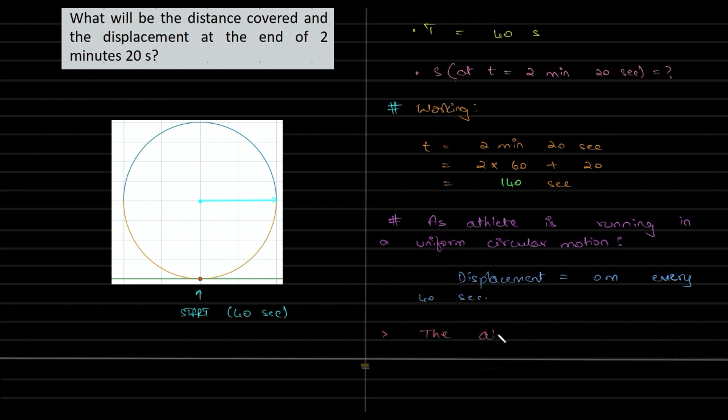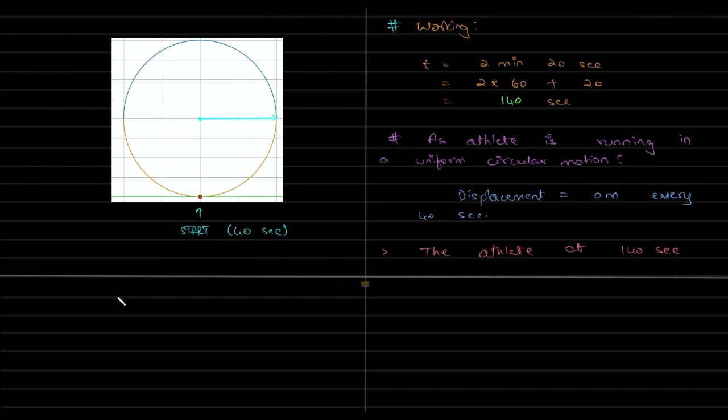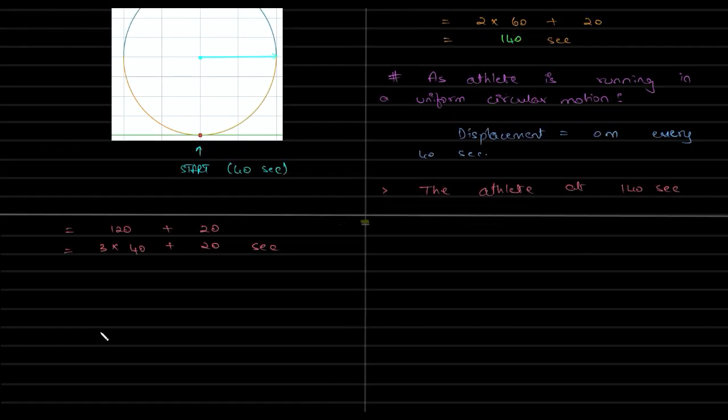The athlete at 140 seconds, which is equal to 120 plus 20 seconds, which in turn is equal to 3 into 40 plus 20 seconds. I hope this made sense.